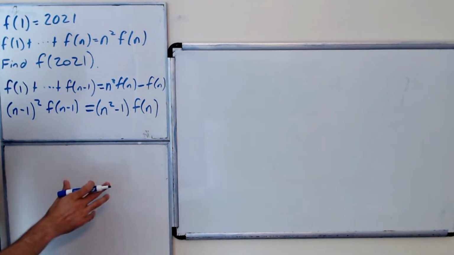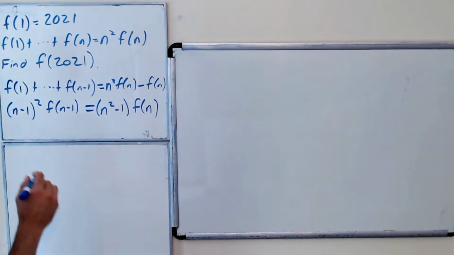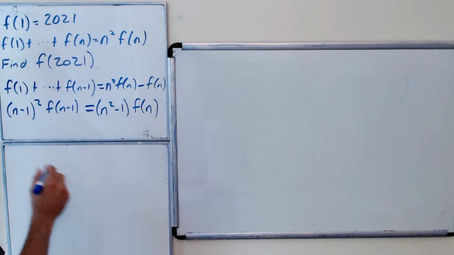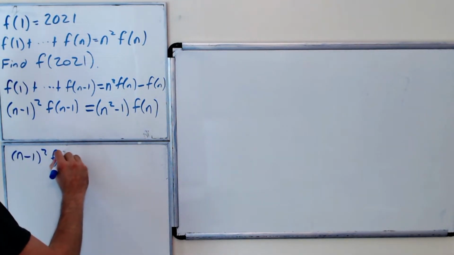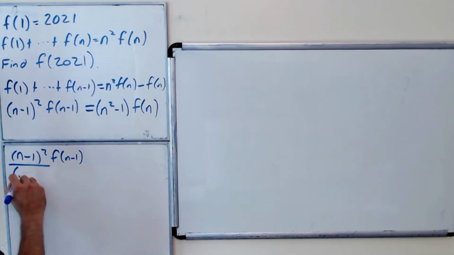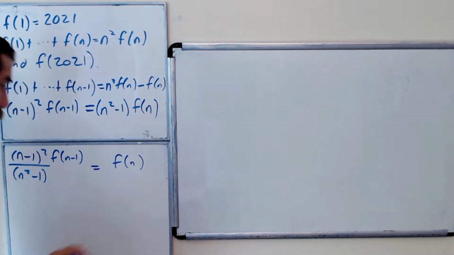Okay, and now we could solve for f of n in terms of f of n minus 1. So dividing by n squared minus 1, we get n minus 1 squared f of n minus 1 over n squared minus 1 is equal to f of n.